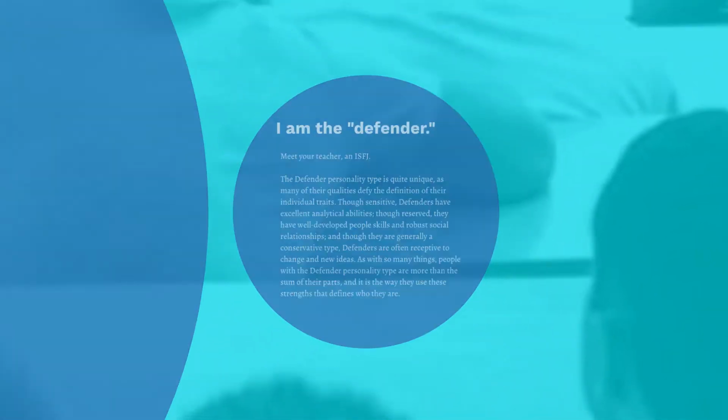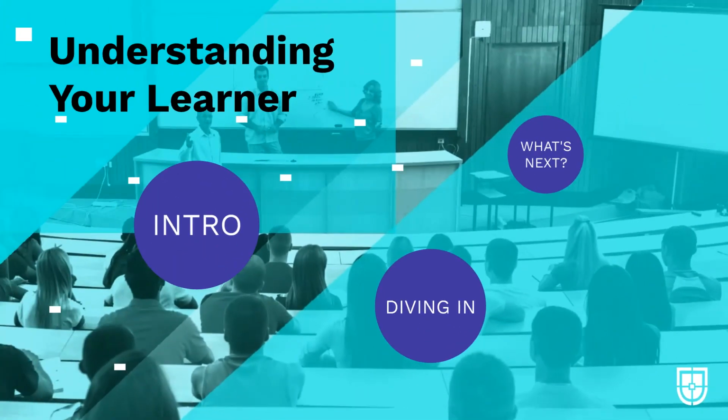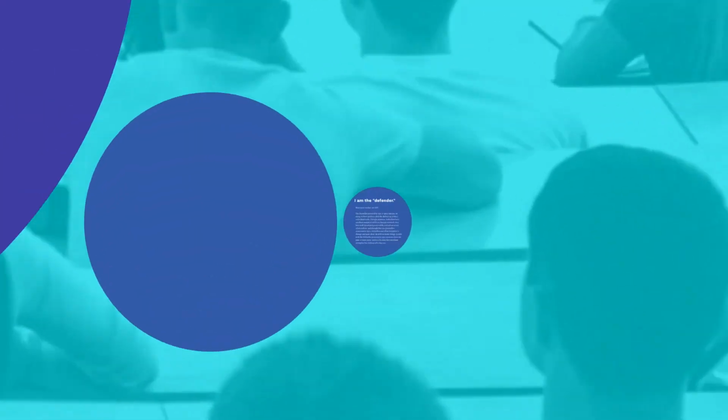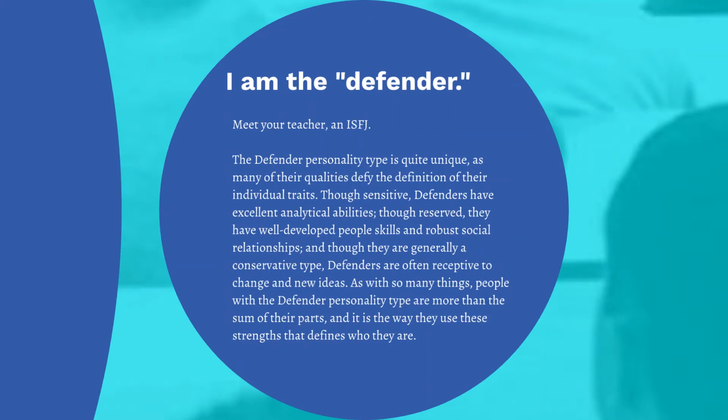Though reserved, they have well-developed people skills and robust social relationships. And though they are generally a conservative type, defenders are often receptive to change and new ideas. As with so many things, people with the defender personality type are more than just the sum of their parts. And it is the way they use these strengths that defines who they are.